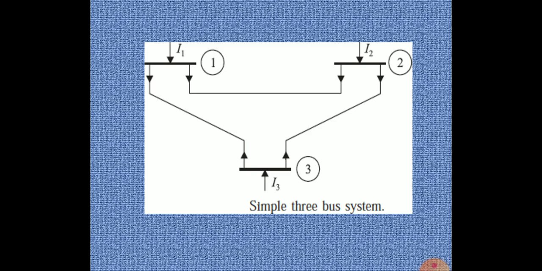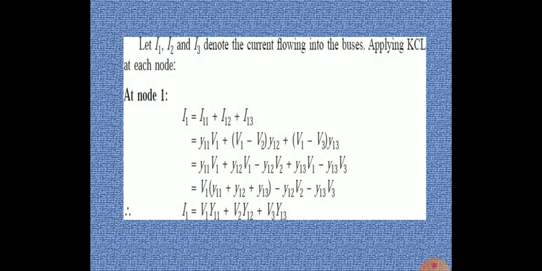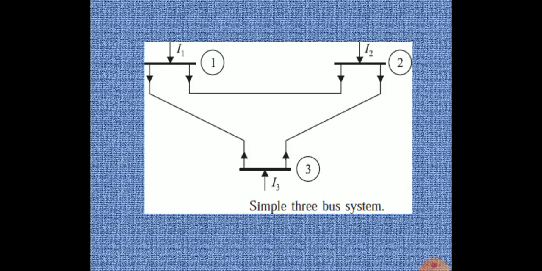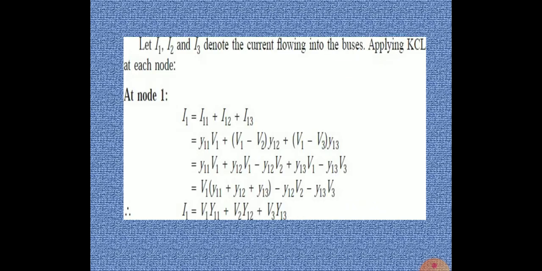So what are all the buses connected to bus 1? First, the self current of bus 1 is I11, plus the current flowing from bus 1 to 2, that is I12, plus the current flowing between bus 1 and 3, I13.